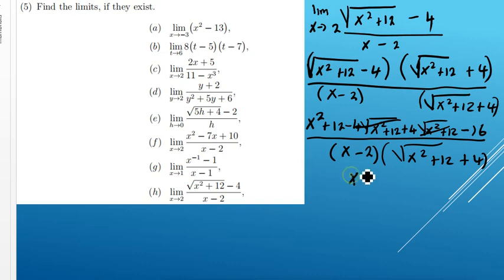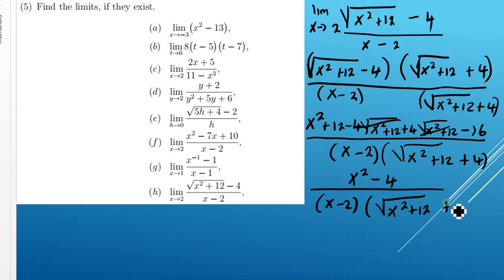So it will be x to the power 2 minus 4, all over x minus 2 times root of x to the power 2 plus 12 plus 4.